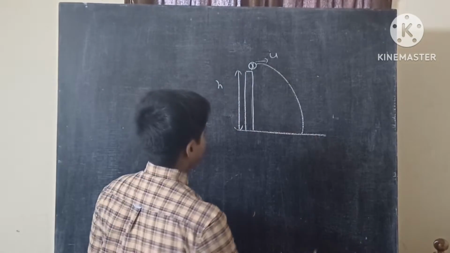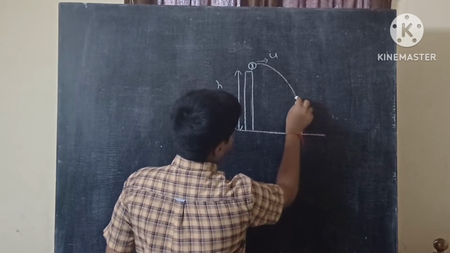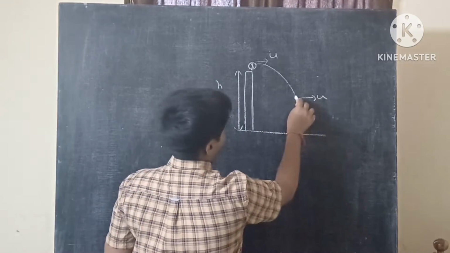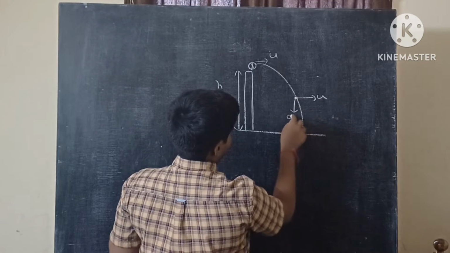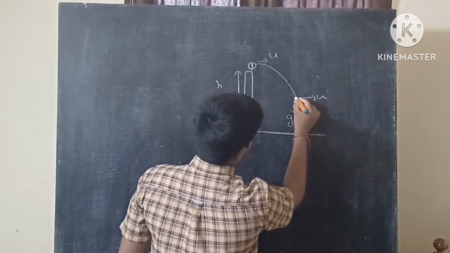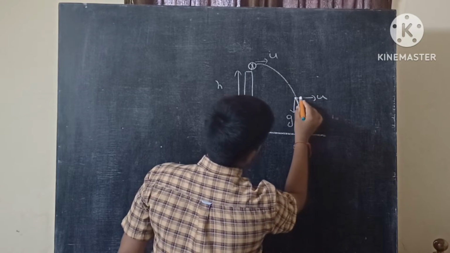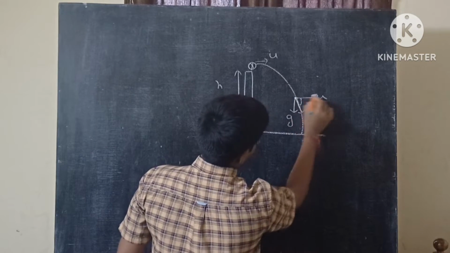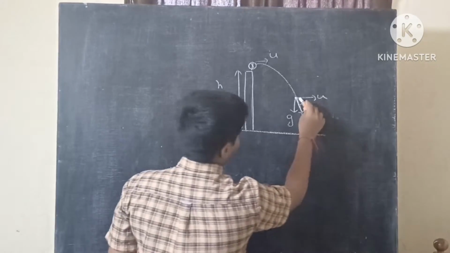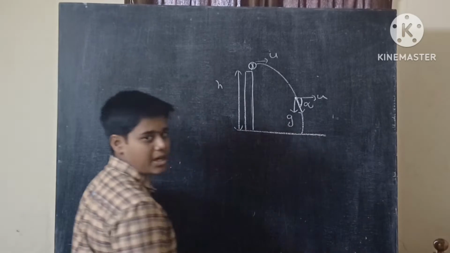Here I am taking this point, and it travels with u along the x-axis and along the y-axis gravity. I am asking to find the angle between this path and this path. I am naming it alpha. There is a formula.